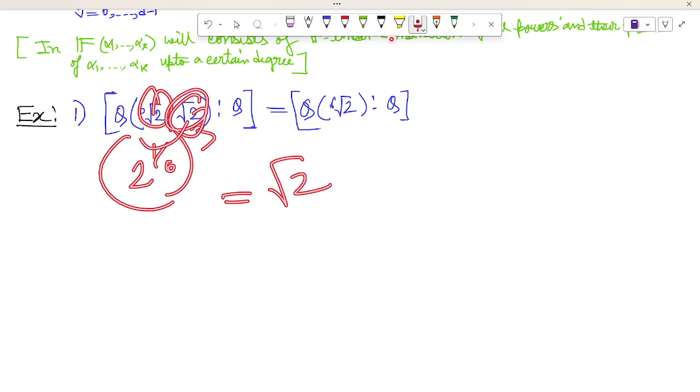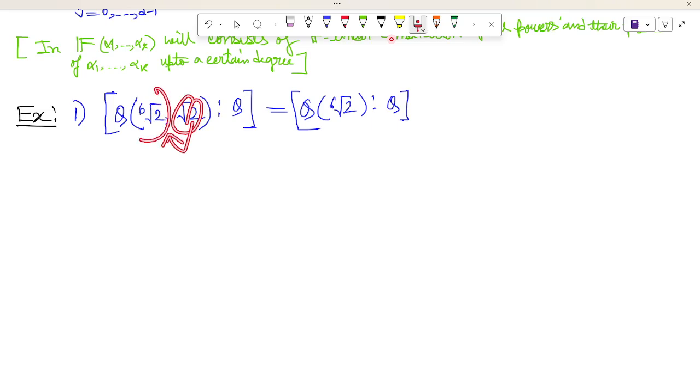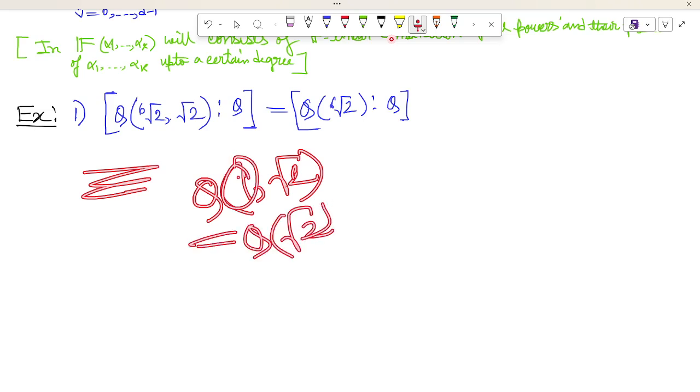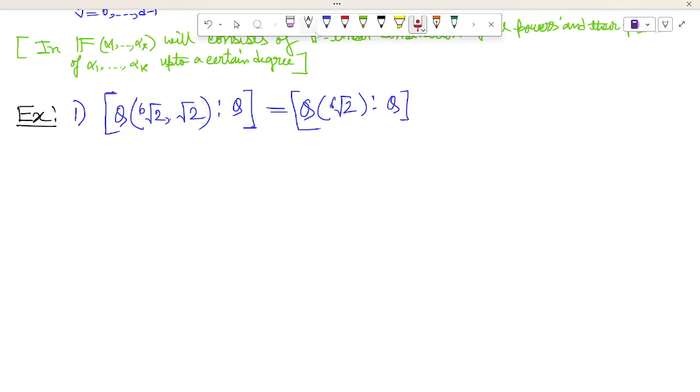So this thing will be absorbed here. So ultimately, the final result is this. For example, if I say Q comma 1 comma root, there is no meaning of writing 1 here, that is simply Q root. Similarly, here this thing I can produce by this, and this is 6.